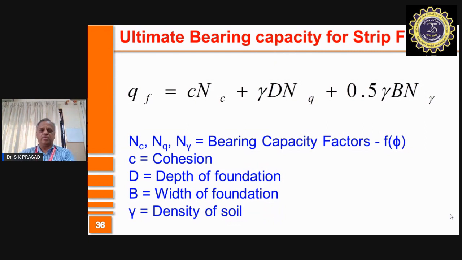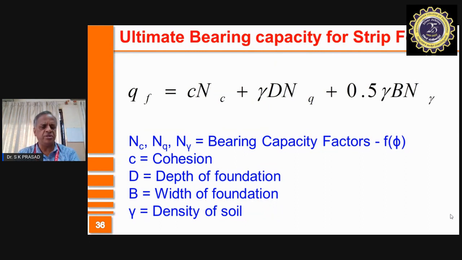Let's go back. The equation for finding bearing capacity, qf, the ultimate bearing capacity, is given by cNc plus gamma D Nq plus 0.5 gamma B Ngamma, and all the terms you are familiar with. Remember, Nc, Nq, and Ngamma you call bearing capacity factors, which are purely dependent on the friction angle.